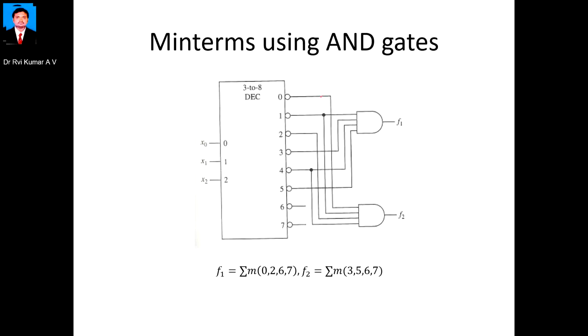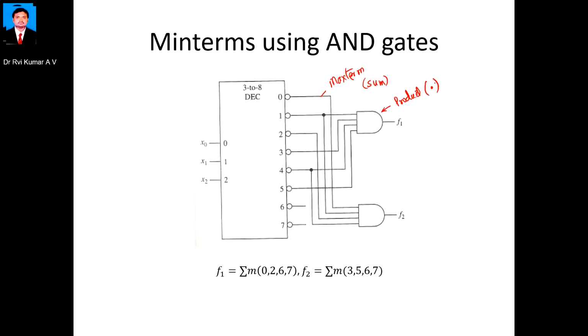Here I am getting max terms, which means sum terms, and here I am using the product term. Product means I can use the word dot.